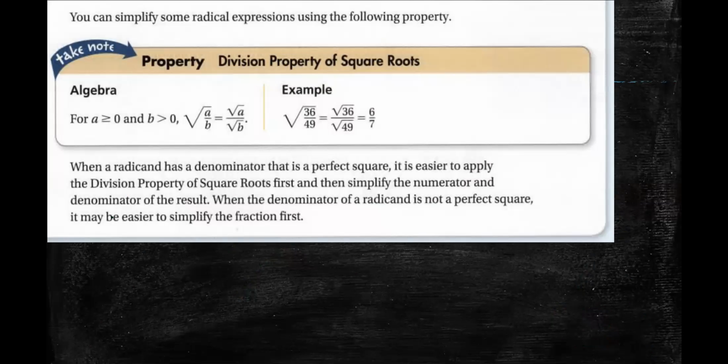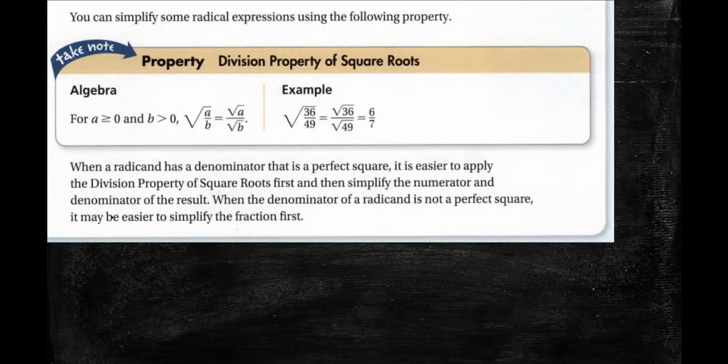As we said in the beginning of the lesson, simplifying the radicals can be done in 2 ways: multiplication and division. Multiplication, we know how. Today, we will learn how we can use the division property to simplify the square root.